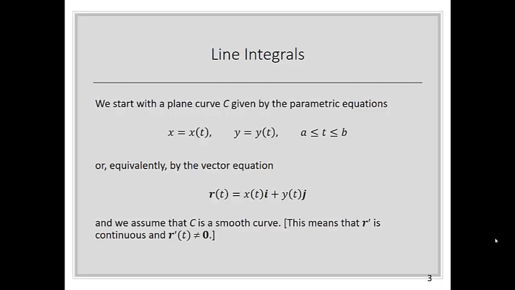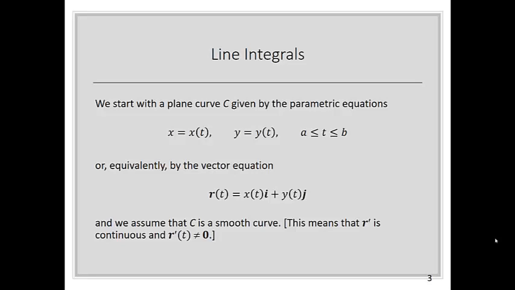So what happens is we start with a plane curve C, so a curve in the xy plane that is given by parametric equations. So we have a function x of t telling us what our x coordinate is doing, a function y of t telling us what our y coordinate is doing as the parameter t varies between two values a and b.